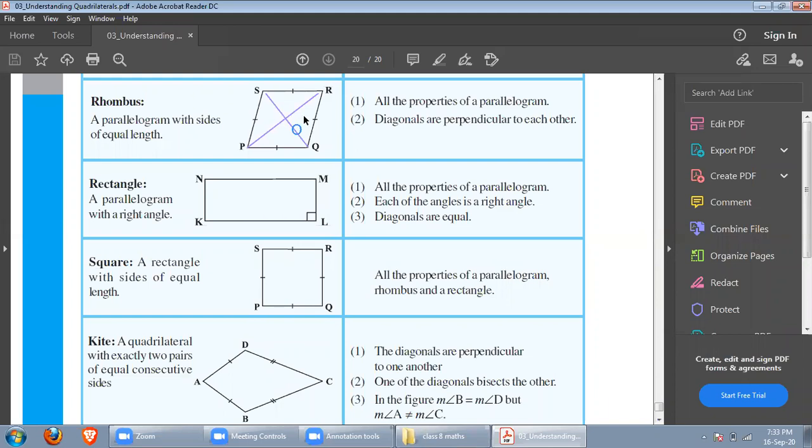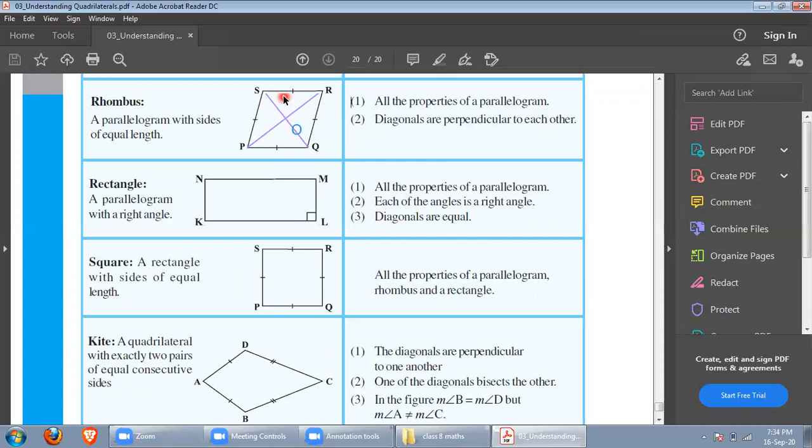This being a parallelogram, let us start with these two triangles, this triangle and this triangle.